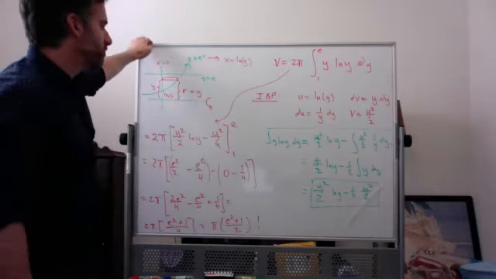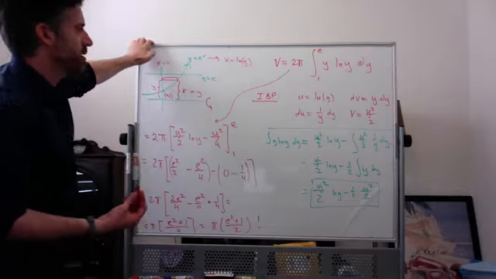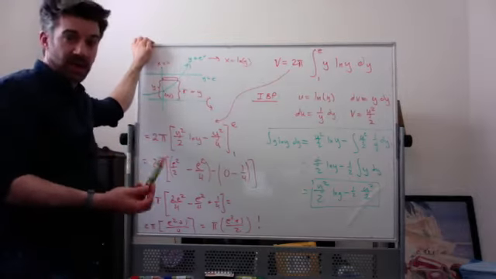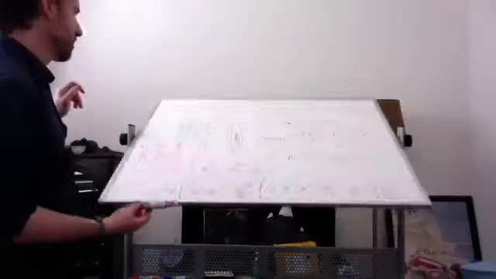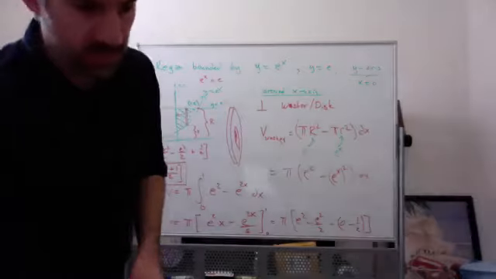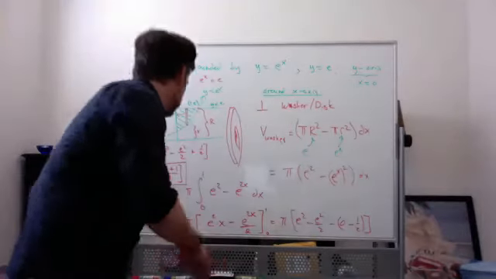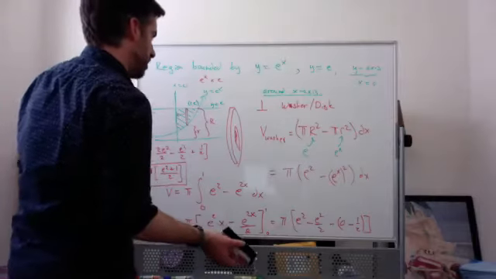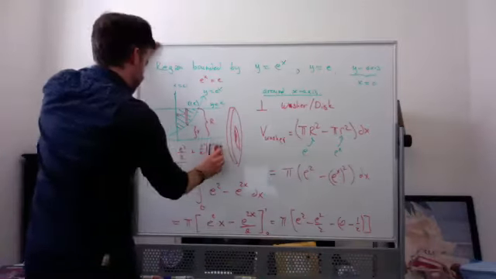So just to show you how we would set this up if we were going around a different axis of rotation. Let's see. So I'm going to erase most of the stuff here. I really just want to leave this setup.